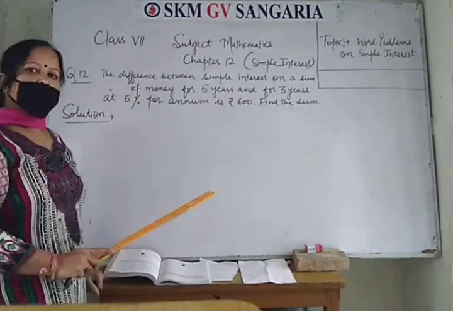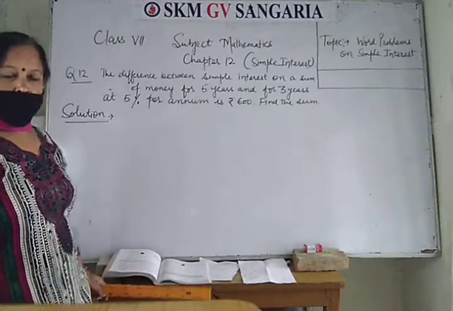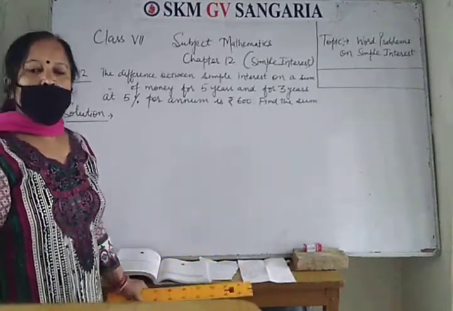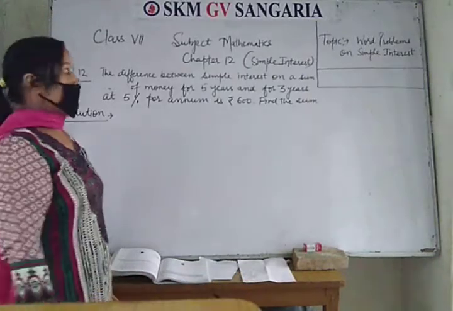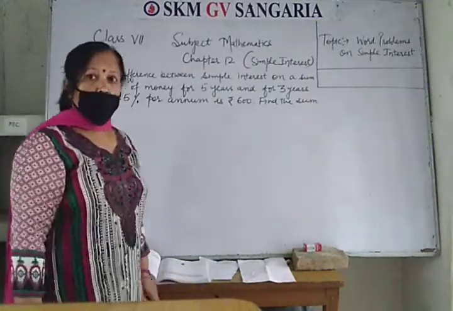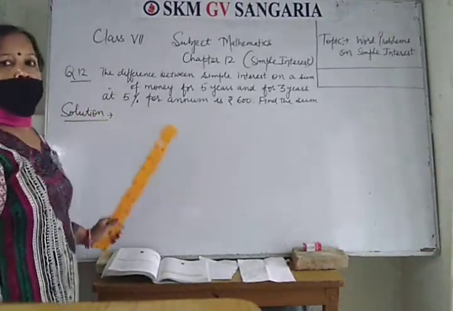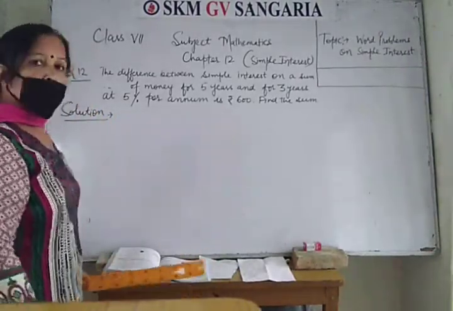So find the sum. Sum is principal. We are asked to find the sum. Sum is principal. So we don't know the sum. So we will consider, let the sum be P.